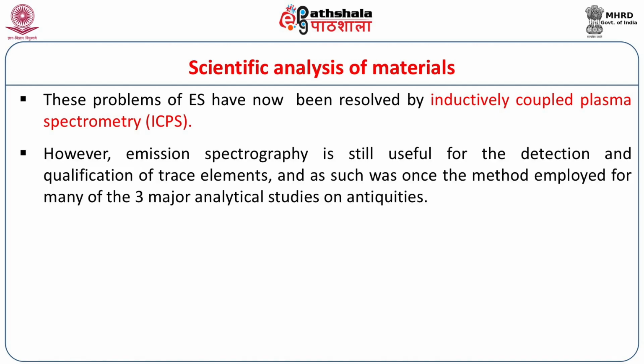However, emission spectrometry is still useful for the detection and qualification of trace elements, and as such was once the method employed for many of the major analytical studies on antiquities.